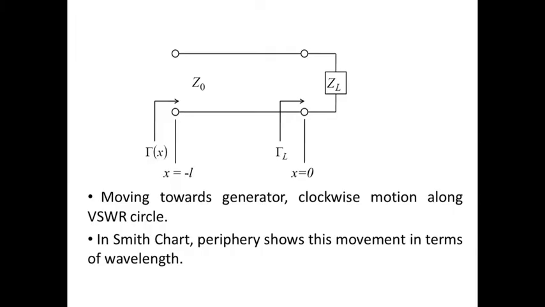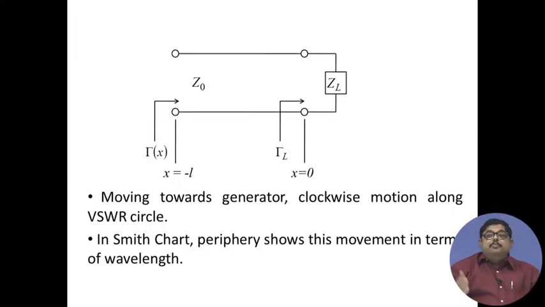Now, in the Smith chart periphery, I said that this movement you can convert to wavelength. If I move in the transmission line by so and so distance, I can always tell that in terms of wavelength. Suppose I am moving 4.5 centimeter, and if my frequency is such that the wavelength lambda is 3 centimeter, then instead of 4.5 centimeter, I have moved a distance of 4.5 by 3, that is 1.5 lambda.